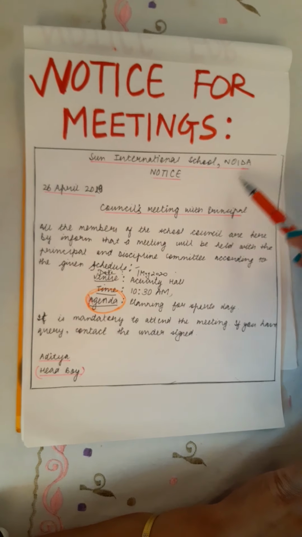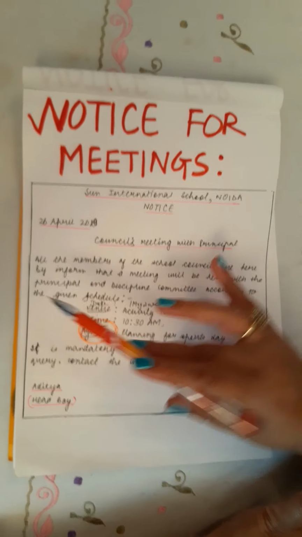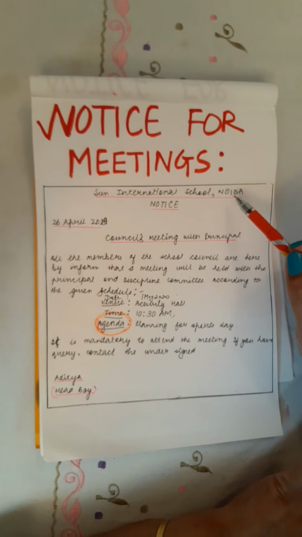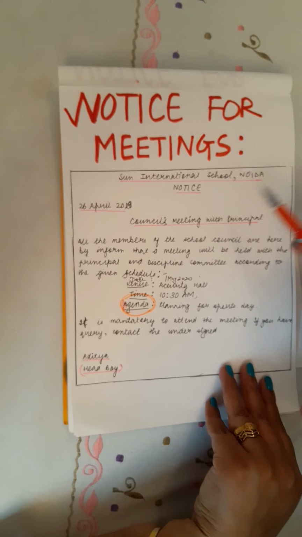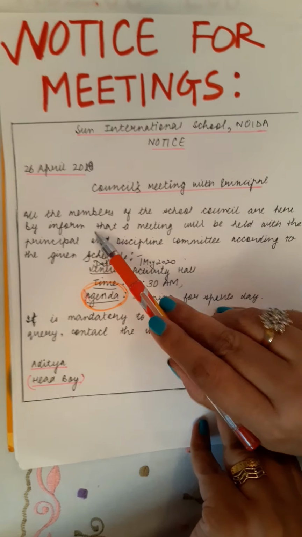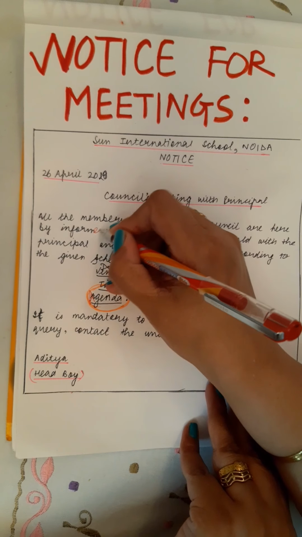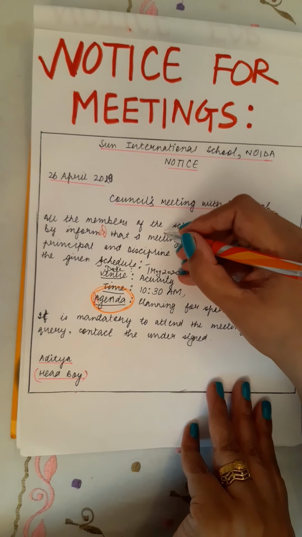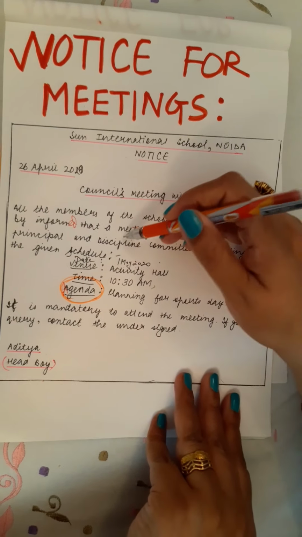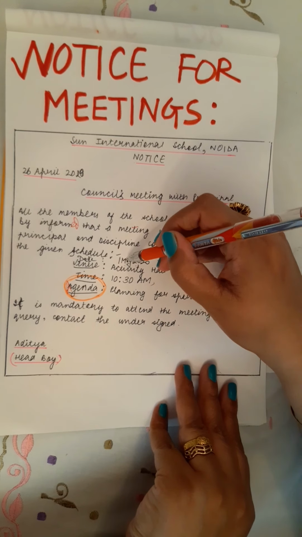So again, just to remind you, I have underlined the pink lines just to tell you the format. It all is included in your format of notice writing. So next we have the content. All the members of the school council are hereby informed that a meeting will be held with the principal and the discipline committee according to the given schedule.